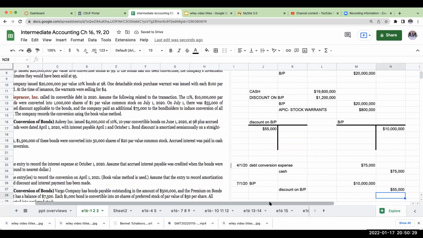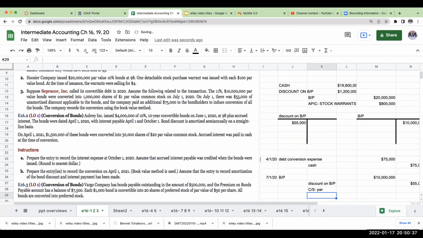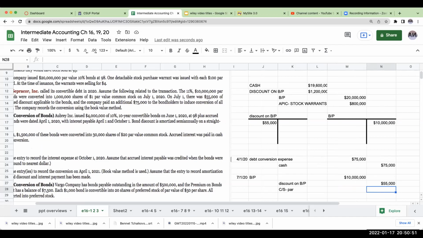At the same time, the next part of this is I'm going to be crediting common stock at par. And how do I figure out the common stock at par? Basically, it tells me that the 10 million bonds were converted into 1 million shares of dollar par value common stock. So it's dollar par value common stock, which is still too high, but we'll leave it alone for now.